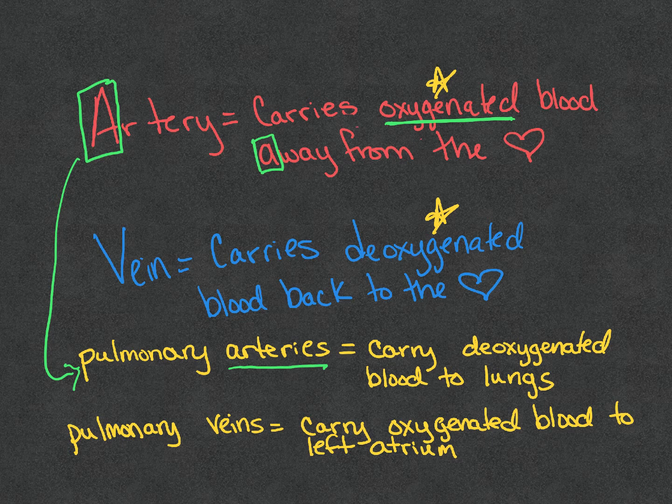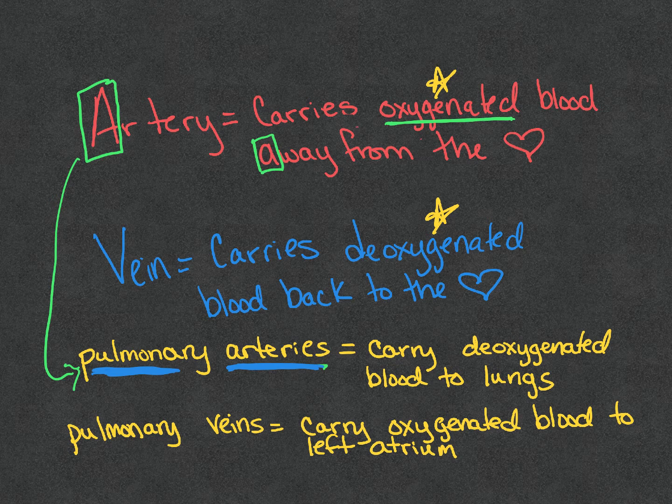So oftentimes the pulmonary arteries, even though they're arteries, are going to be colored blue in your textbook and in your models. That does not mean they're veins. It just refers to those vessels carrying deoxygenated blood.